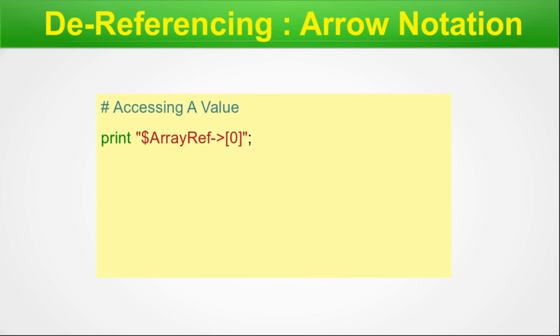To print that, we use $array_ref, then one dash and one arrow, which are two different keystrokes on your keyboard, and then within the rectangular bracket the index 0. So it will print the 0th index value of the anonymous array.